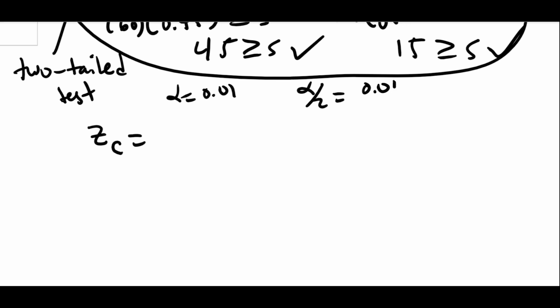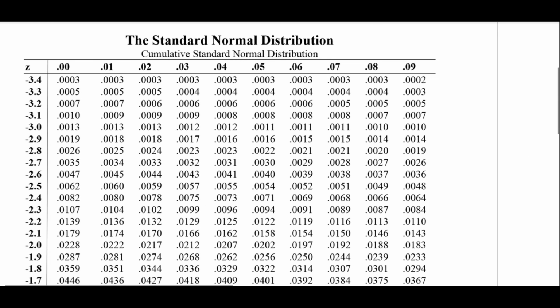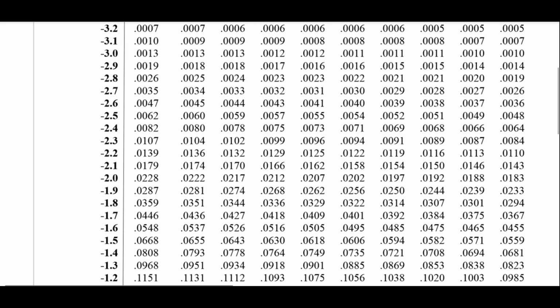So you got to cut it in half. In that case, it's 0.005. We're going to look that up on the z distribution table. So we're going to look up as close to 0.005 as possible.